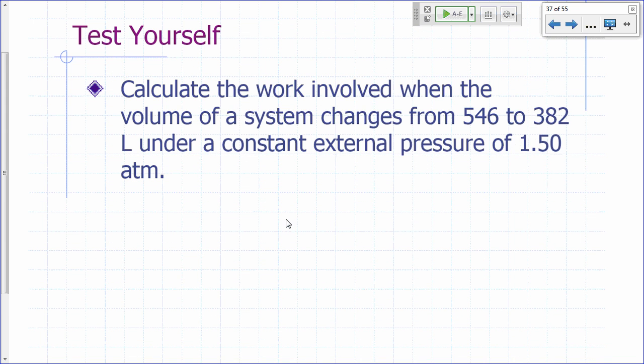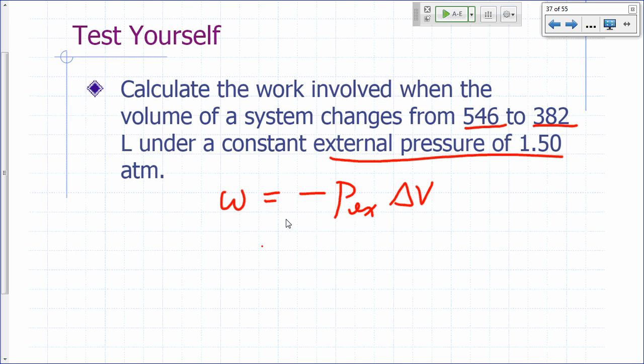So let's apply that simple formula to this question. Calculate the work involved when the volume of a system changes from 546 to 382 liters under a constant external pressure of 1.5 atmosphere. What's the formula for work? Negative P external times delta V. What's our external pressure? 1.50 atmosphere.